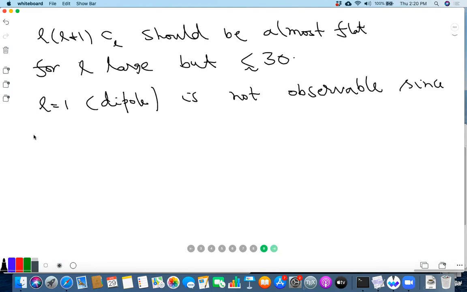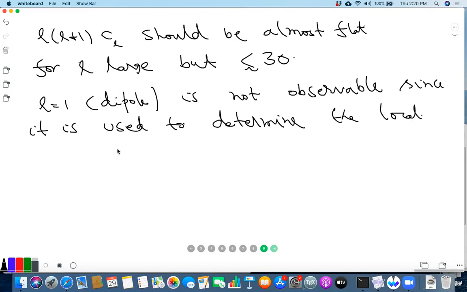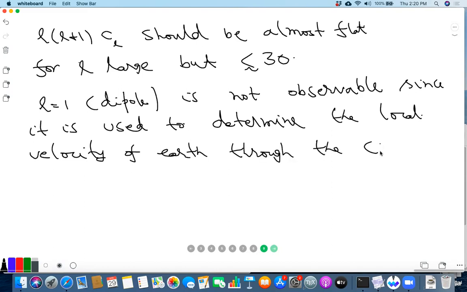The fluctuation is a dipole, but it is affected by our local motion.